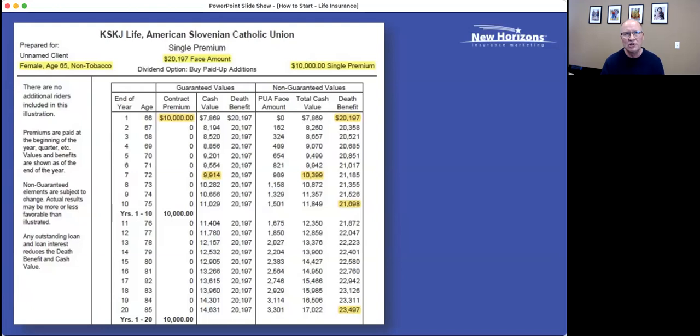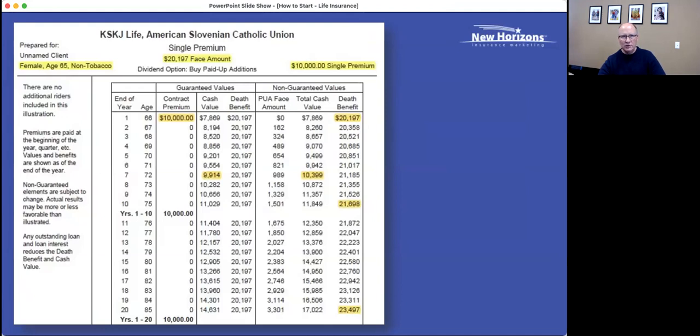Okay, and Jason's done a good job here with my arrow. On that highlighted slide, you can see the death benefit, and it's on the non-guaranteed value side. This happens to be a participating life contract, which means inside this policy, the dividends are going to keep buying life insurance as we go.